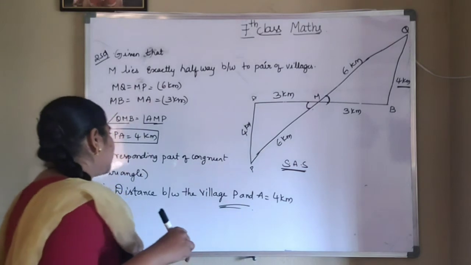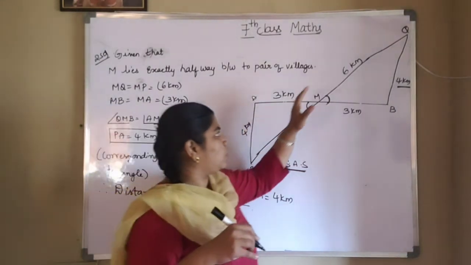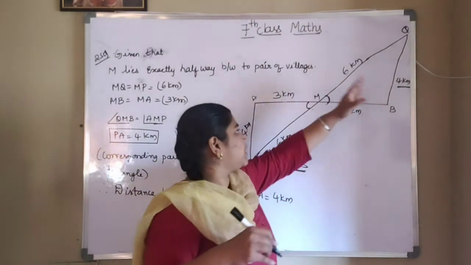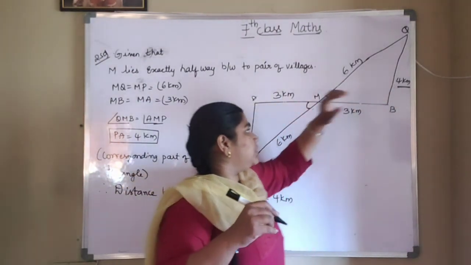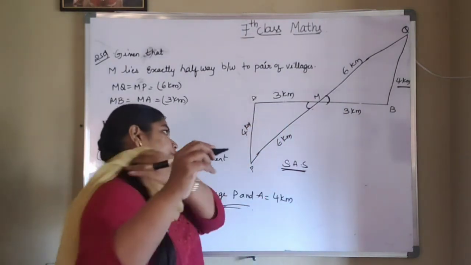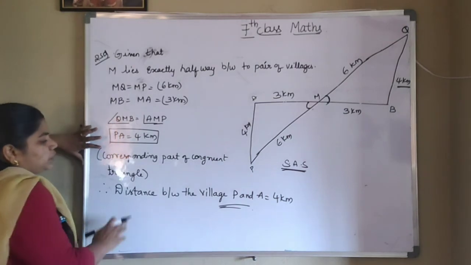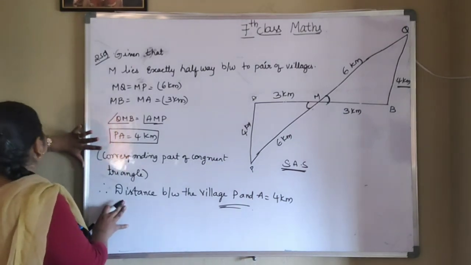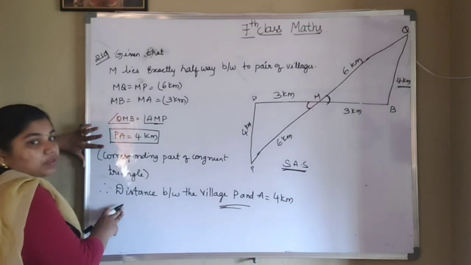Why? Because they are corresponding parts of congruent triangles. So these are congruent triangles and these two are sides of this congruent triangle. So you got the PA value as 4 kilometers. So the distance between the villages P and A is equal to 4 kilometers.